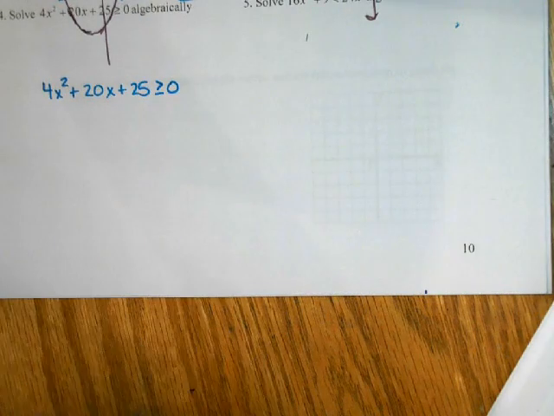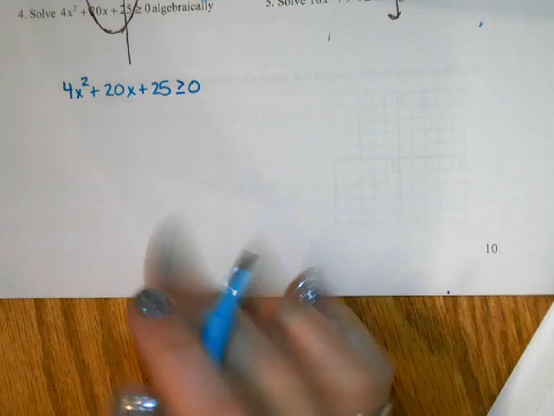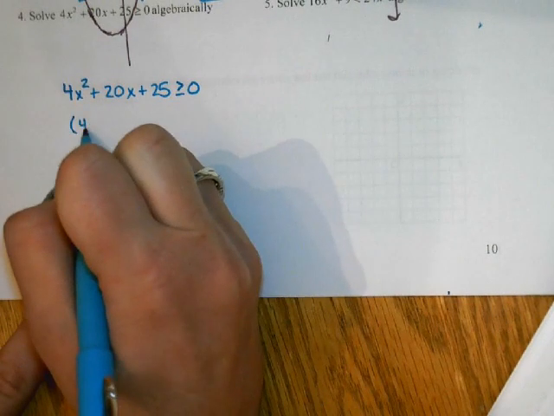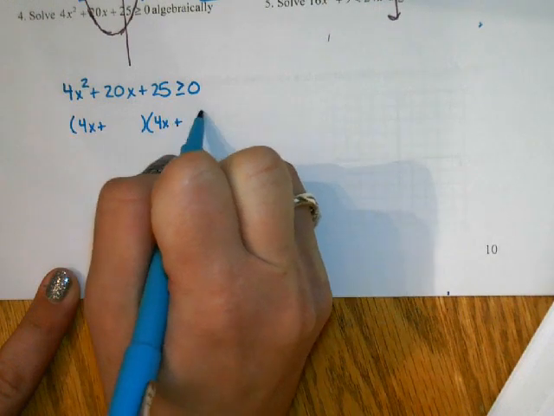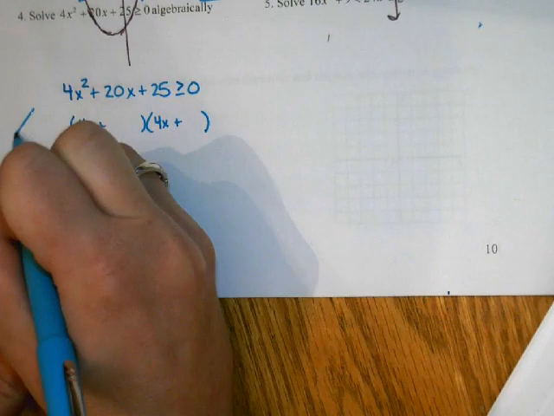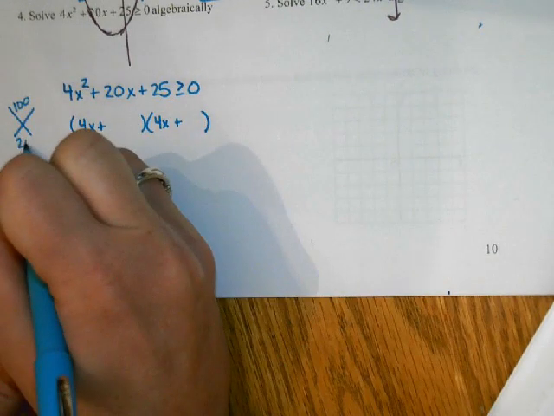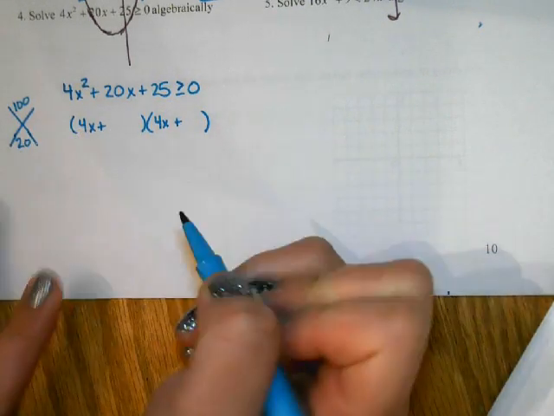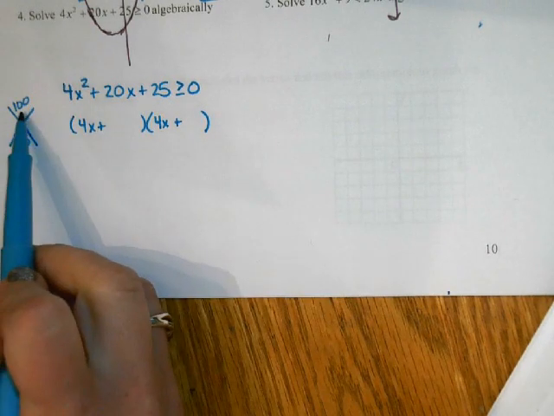All right, remember the first thing I want to do is factor this guy. So 4x plus, 4 times 25 is 100. I need two numbers that multiply to 100 that add to 20.